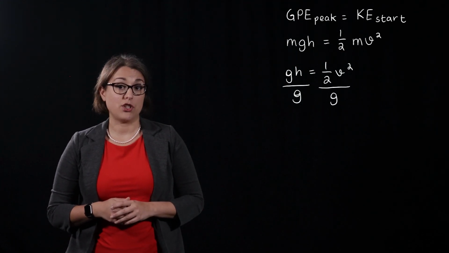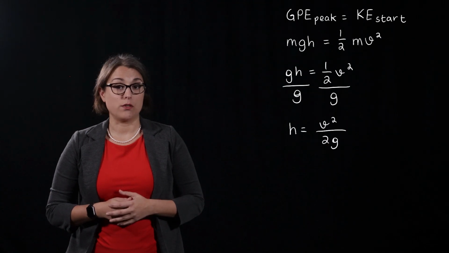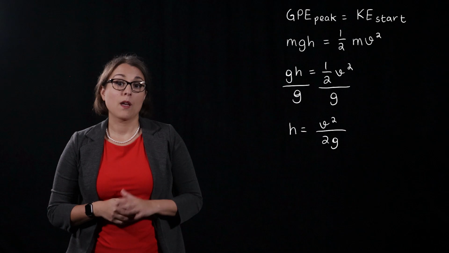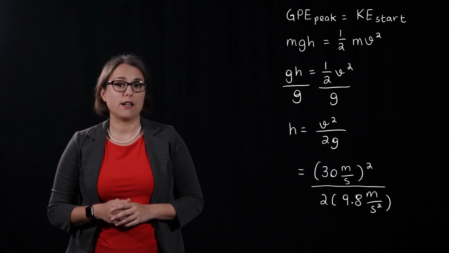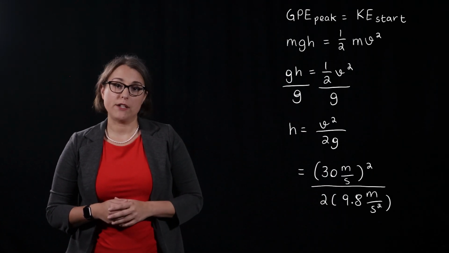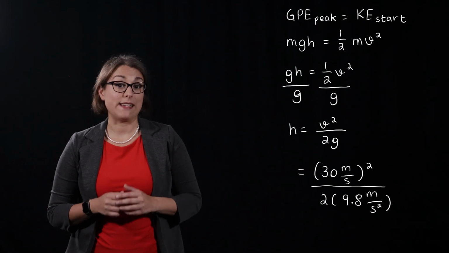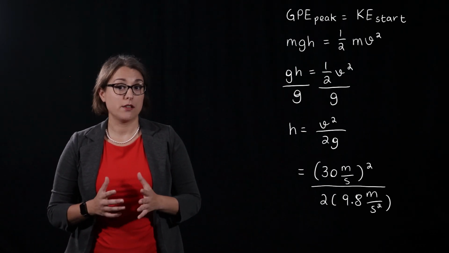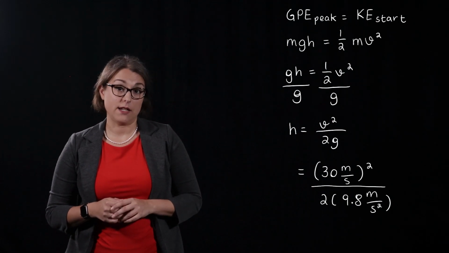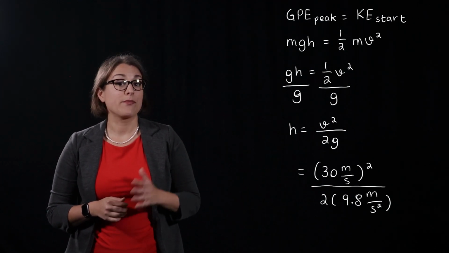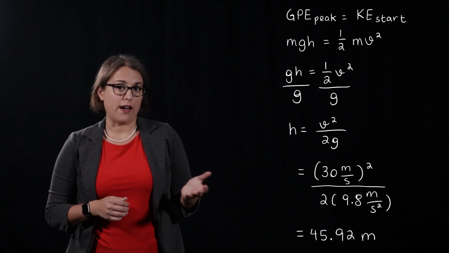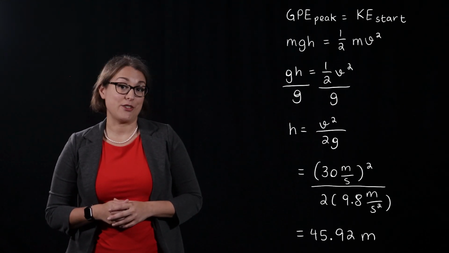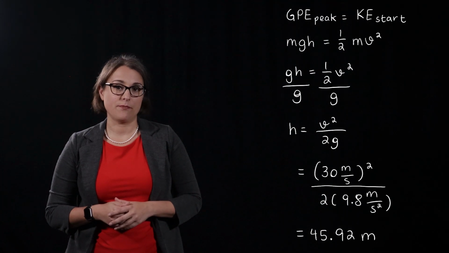Divide both sides by G and we find that H equals 1/2 times V squared divided by G. Plug in the initial vertical velocity and 9.8 meters per second squared, and we see that height equals 1/2 times 30 meters per second squared divided by 9.8 meters per second squared. Height equals 45.92 meters. As expected, this agrees with our kinematic calculation.